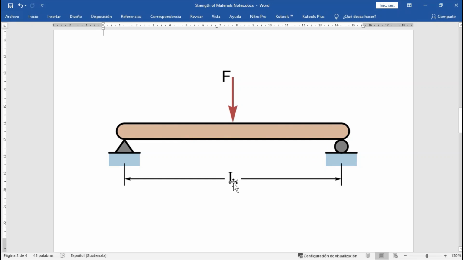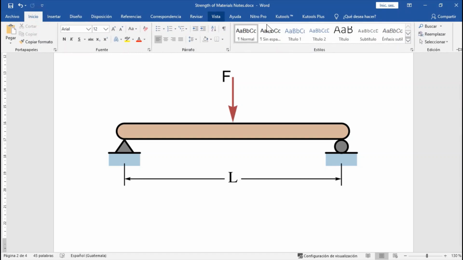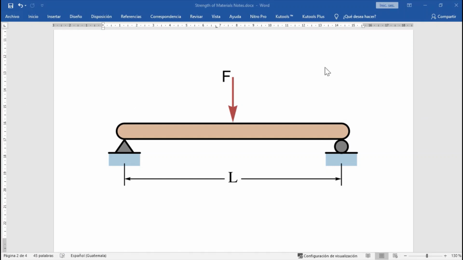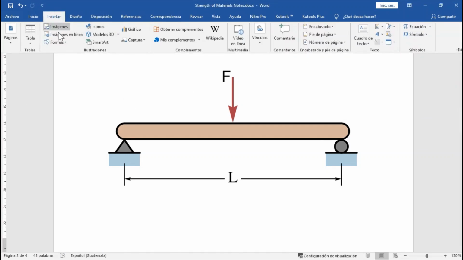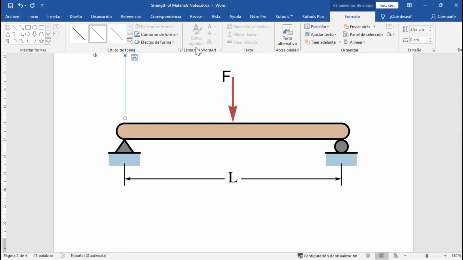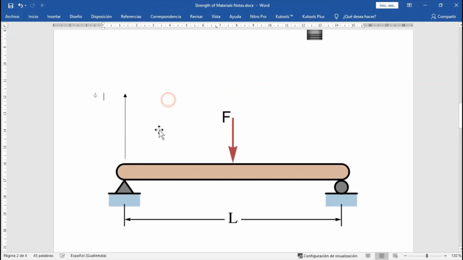L is the length of the beam, right? So remember, that's like the logic. We can use some shapes in order to see this. For example, the arrow. Now look, there will be a hypothetical reaction here, a vertical one. I'm going to use this black version, and a horizontal one, right?